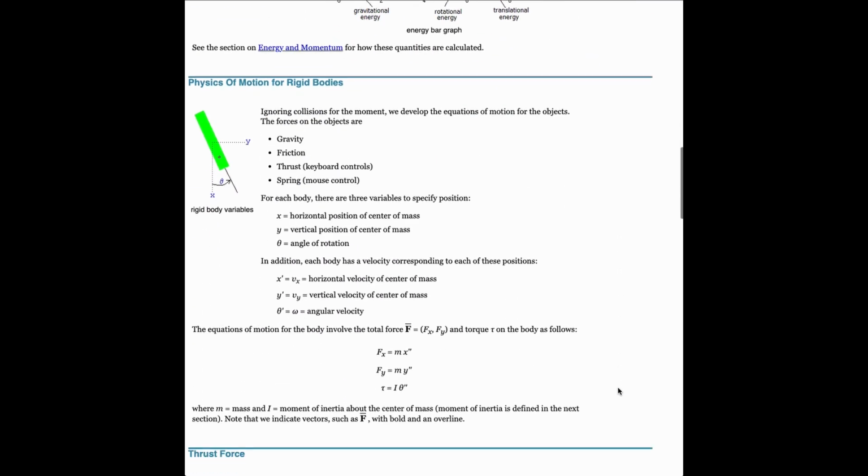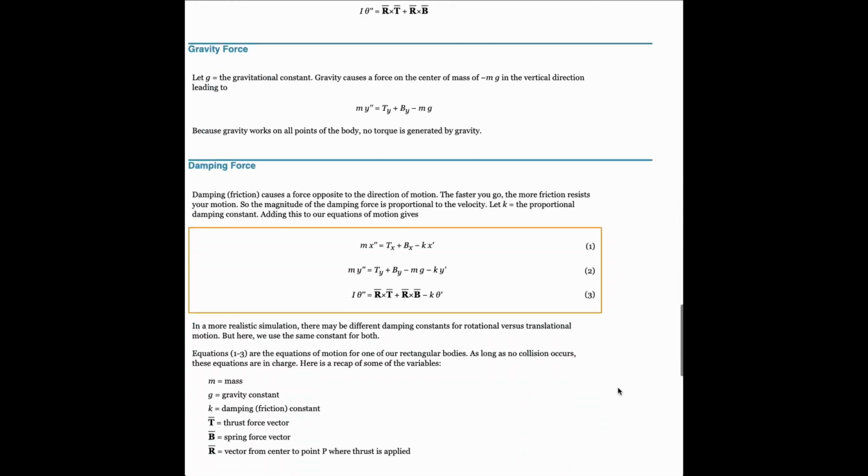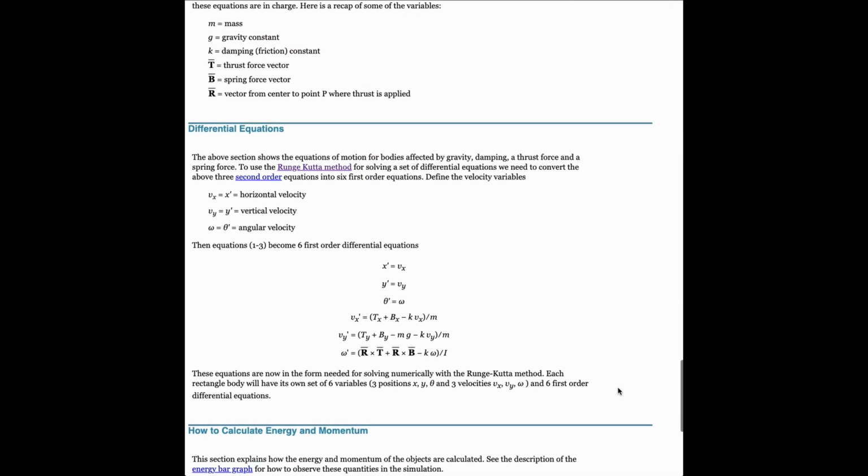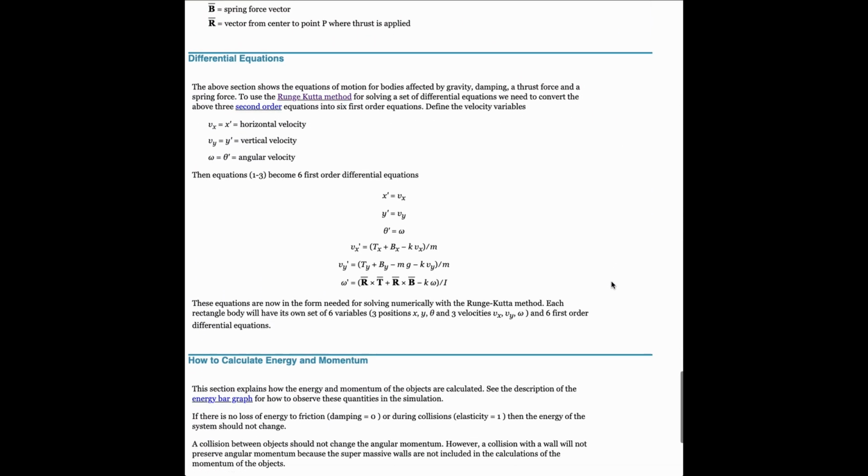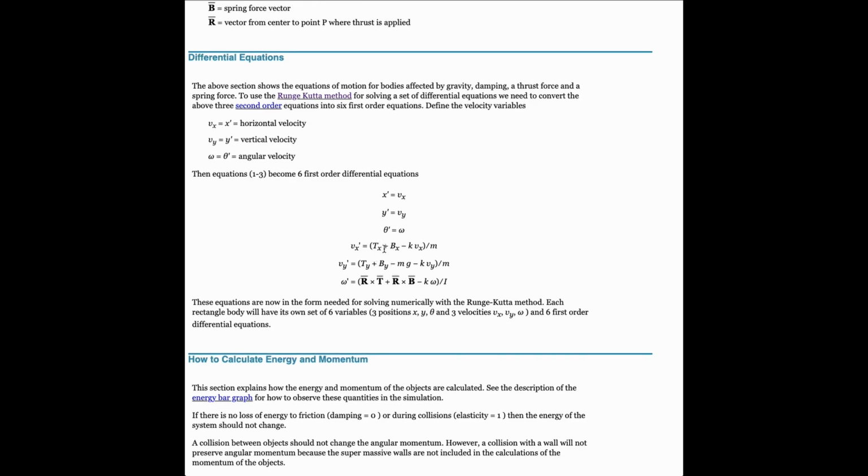If we go down, what we can see is that what we're really looking for is a solution to a differential equation. The forces added together are some spring force, gravity, and some damping factor. All these forces combined give us the acceleration we want.